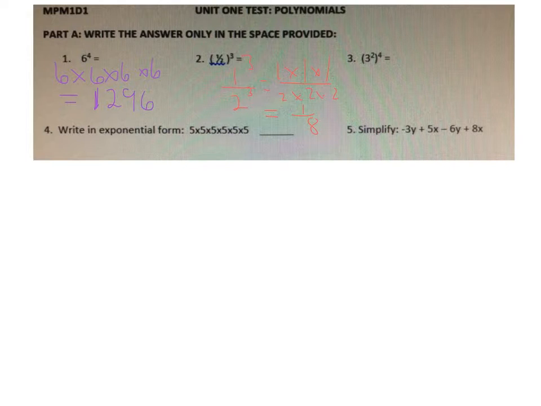And question 3 is testing to see if you remember the rule that we use for exponents when we have a power already. Here's the power 3 squared, and then we put another exponent on it, the exponent 4 here.